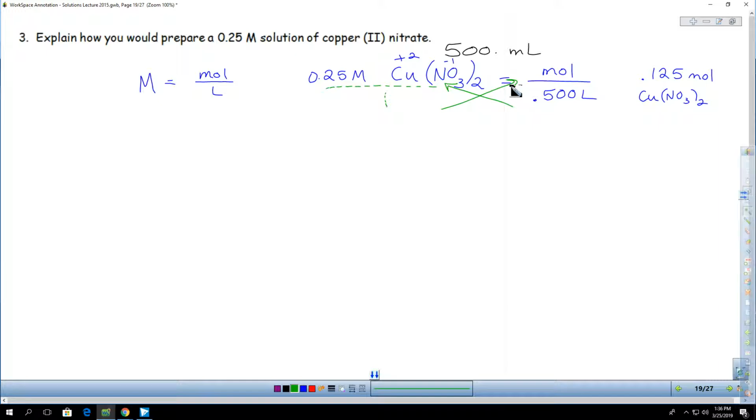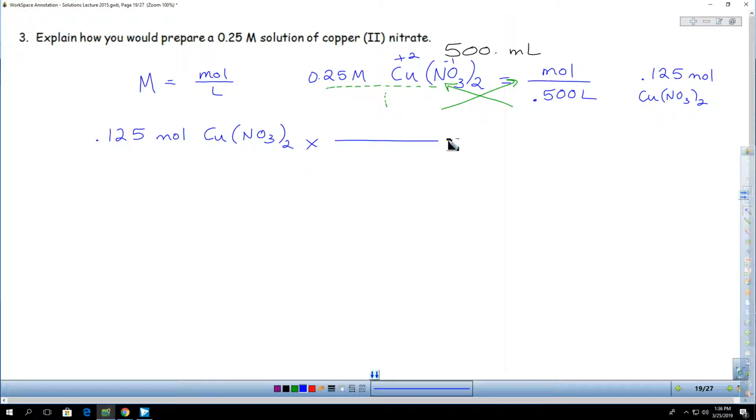Anyways, once I've got this 0.125 moles, I can turn that into grams. And again, if I'm measuring a solid solute, I'm going to need to measure it by mass on an electronic balance. So then I can take this 0.125 moles of copper 2 nitrate and just do one more little calculation.